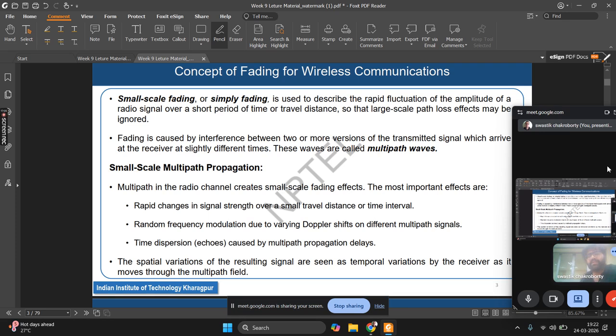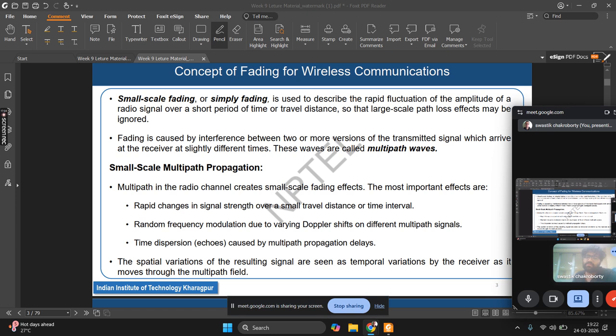So the multipaths are changing, their phases are changing. At one moment it might be constructive interference, which makes the signal value bigger, whereas at another point it might be destructive interference making the signal value smaller. So this will create a random fluctuation and these multipath waves will thus cause small scale fading.